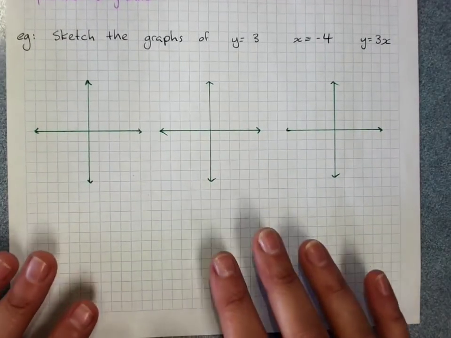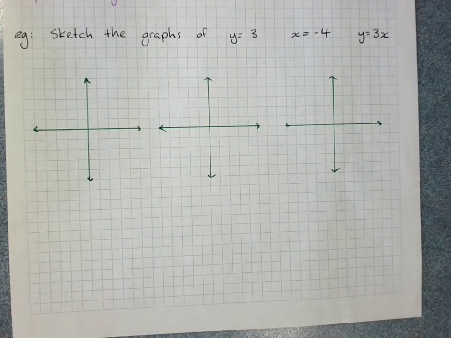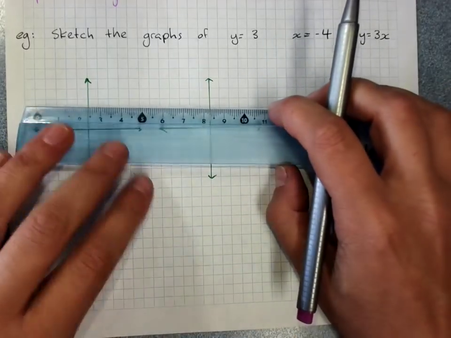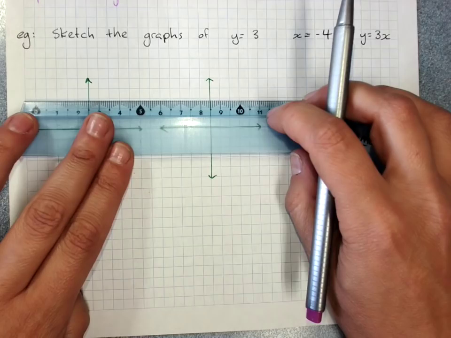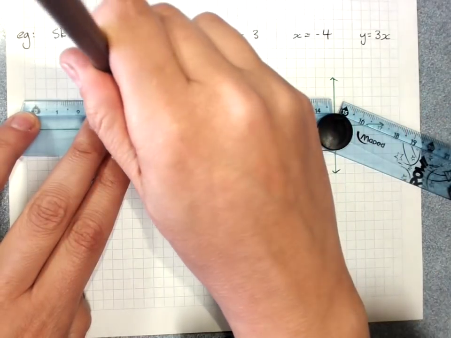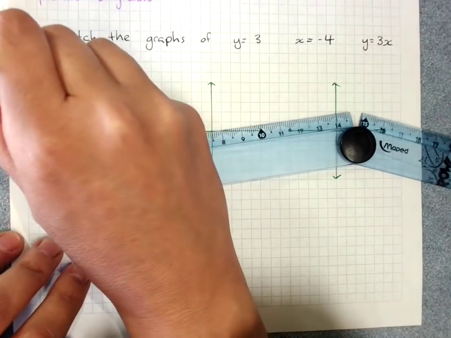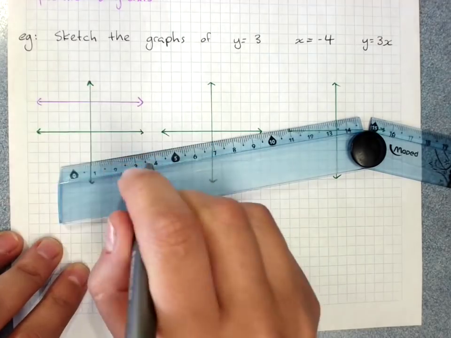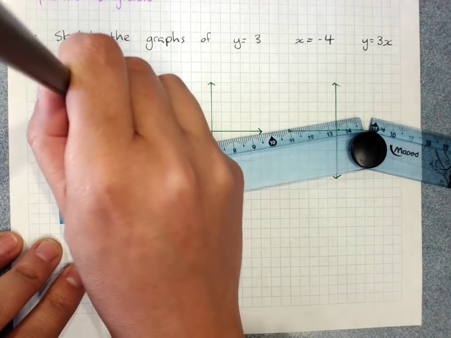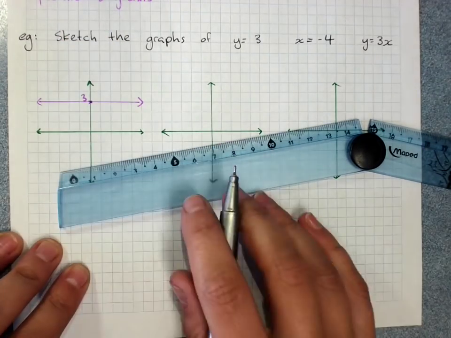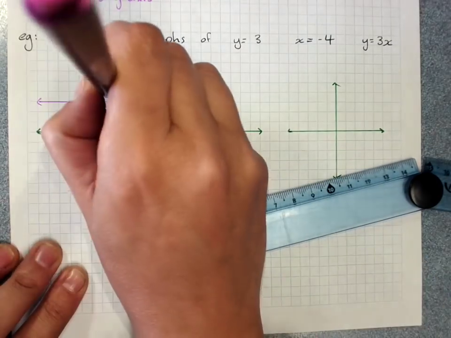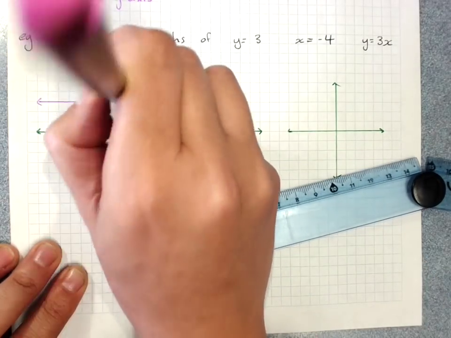So if we're asked to sketch the graphs of lines with one intercept, y equals 3. Pick a spot that looks like it could be 3 on the y-axis. Put your straight line through. Mark that your intercept is 3, and label your line y equals 3.